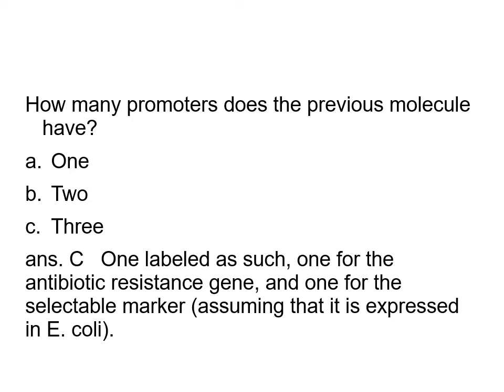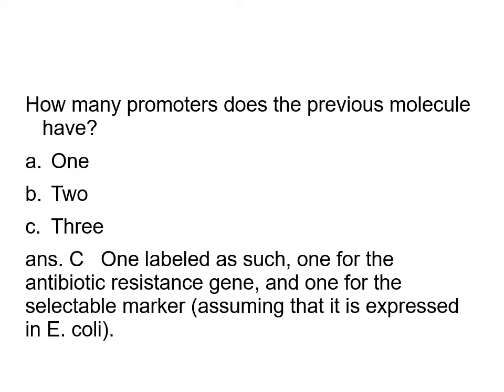The molecule has a region which is noted as promoter. It's identified in that way, so a lot of people are going to pick 1. But there are actually 2 other genes on here. One is ampicillin, the antibiotic resistance, and the other is the other selectable marker whose identity they haven't told us.